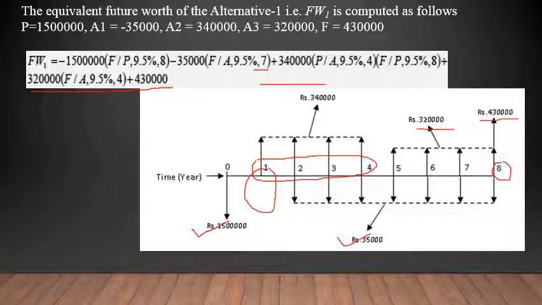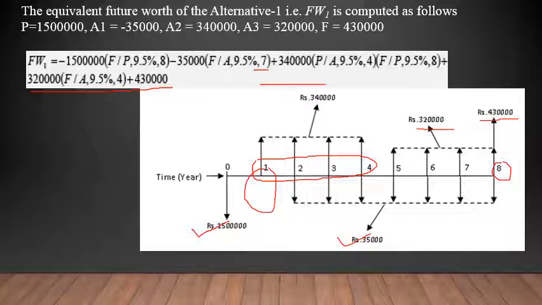For that cash flow diagram, we use the factor F by A or A by F. In this case, see, 3,40,000 starts from the first year, but it doesn't go up to the 8th year. Since it doesn't go up to the 8th year, I cannot use the factor F by A straight away.